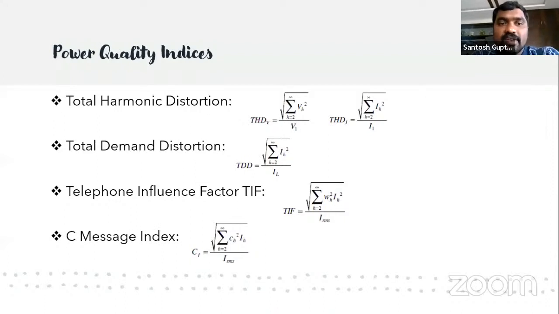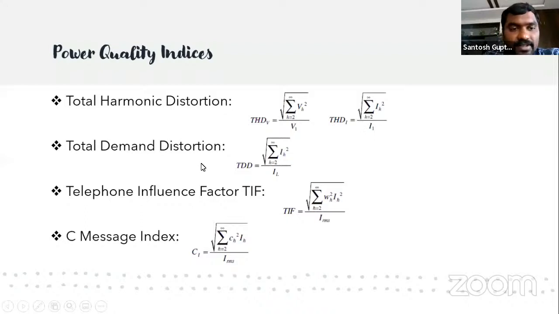To measure that, we have indices like the total harmonic distortion for the voltage, which is given as the root mean square of individual harmonics divided by the fundamental voltage. Similarly, the total harmonic distortion for the current is the root mean square of individual harmonic currents divided by the fundamental current.